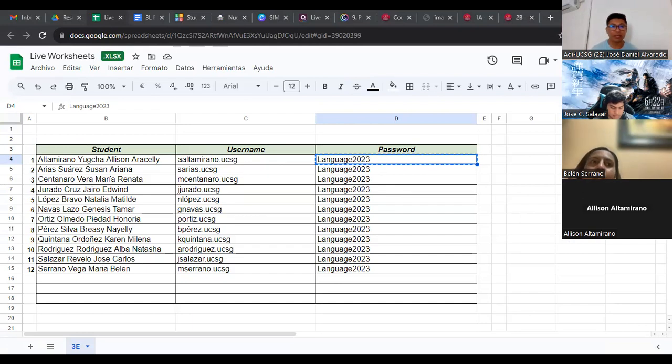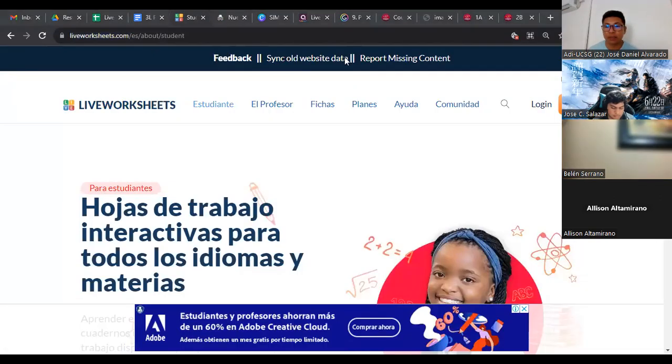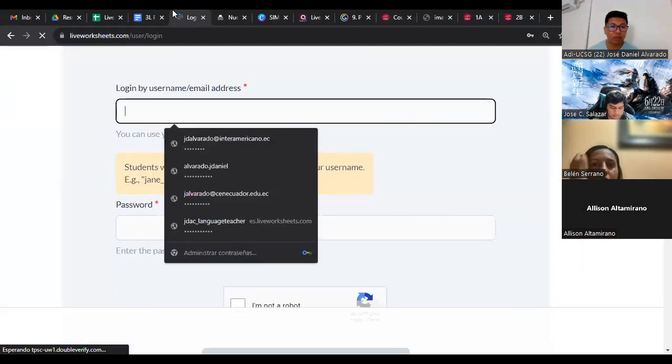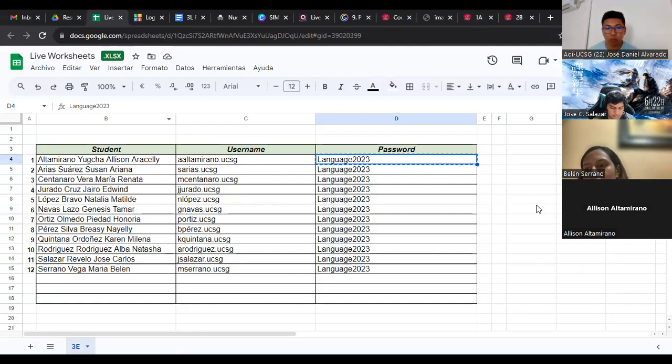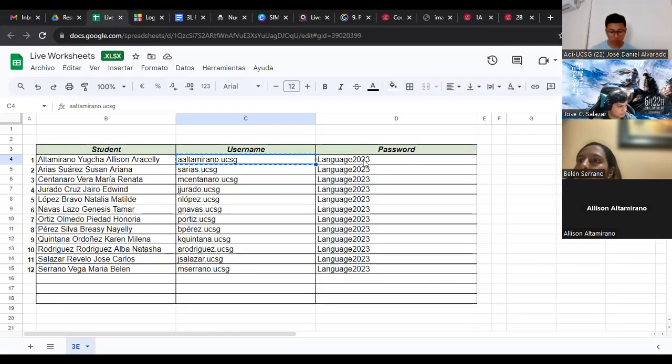Vamos a dar clic en el link donde dice student y le vamos a dar clic en login. Aquí van a poner su usuario y su contraseña. Entonces, ¿cuál es el usuario? For Allison, it's aaltamirano.ucsg. Ya, vamos a tomar el usuario de Allison. Entonces, Allison pone su usuario, pone su contraseña, which is language 2023.